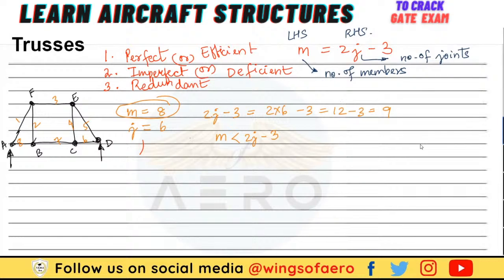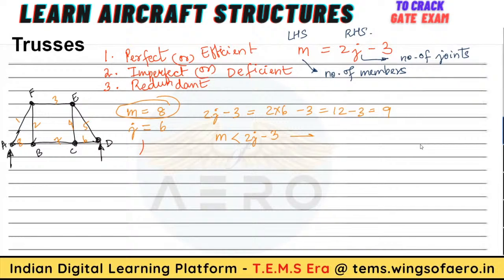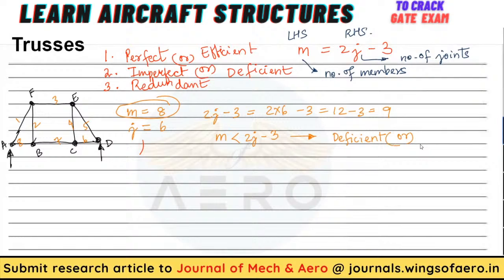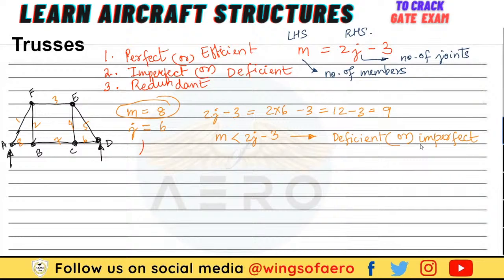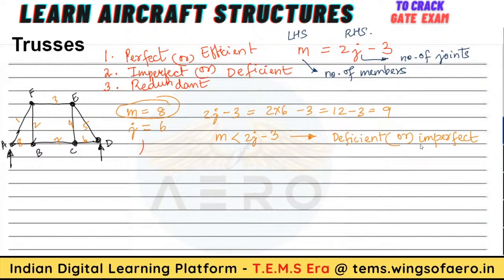So I can say when M is less than 2j minus 3, such kinds of trusses are deficient or imperfect. This is an example of a truss where M is less than 2j minus 3. Such a thing is known as deficient.